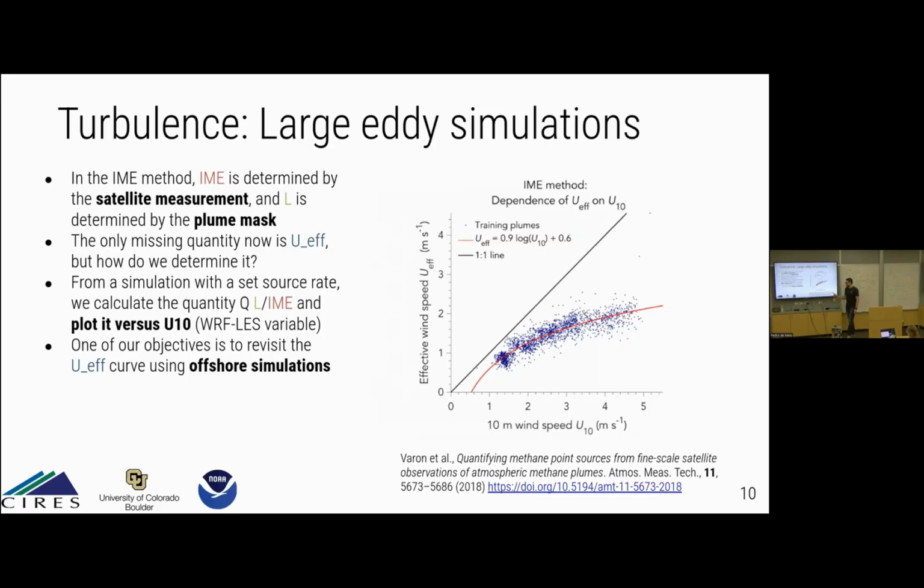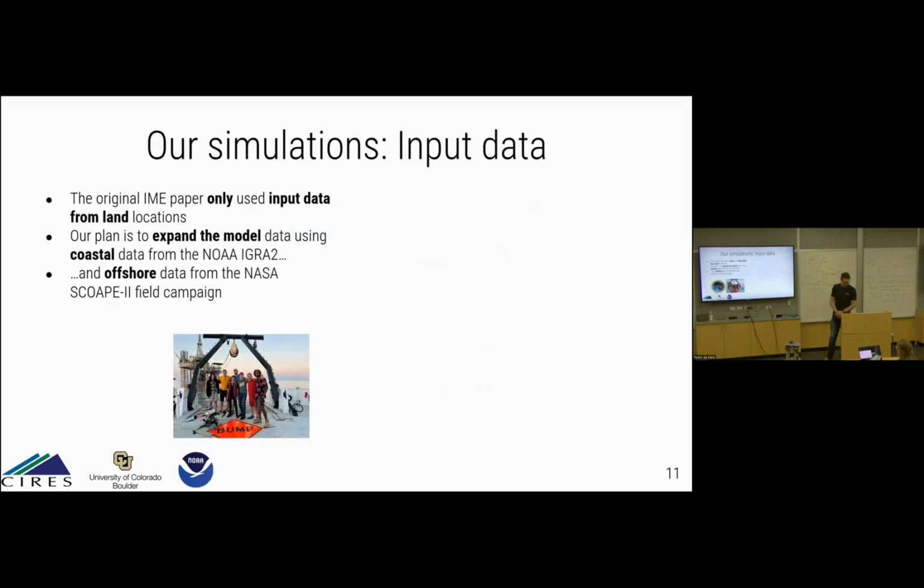So this is the original paper that presented this method. And this is the curve that they got. So U effective is approximately 0.9 times the log of the 10-meter wind speed plus 0.6. But the thing is, we don't know if this graph or if this relationship is going to be valid for offshore simulation. So this is one of the things that we want to find out.